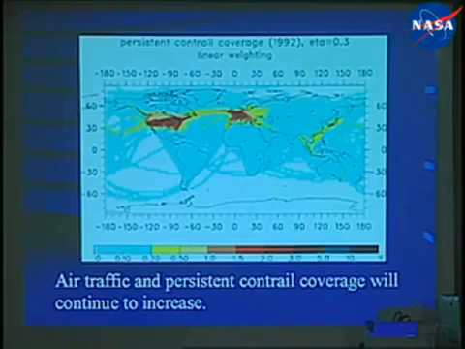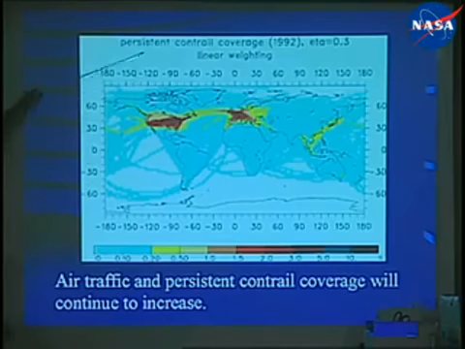This is based on how many aircraft were flying at that time and the conditions in the atmosphere. We know, depending on the temperature, the relative humidity, and the altitude that the aircraft are flying, we can get a good estimate of where contrails should form.